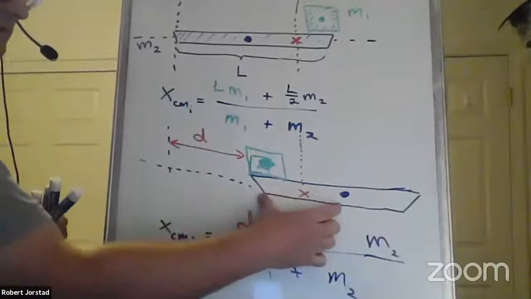Wouldn't that be L? Nope. No. What's this distance? Half of L. So what's this distance? Half of L plus D. Yes. So far, so good?